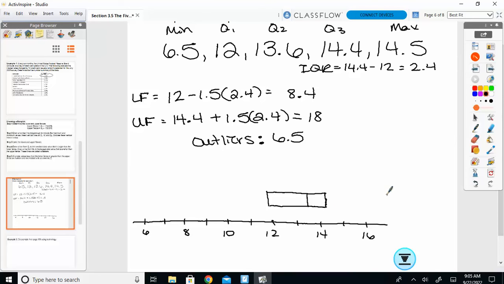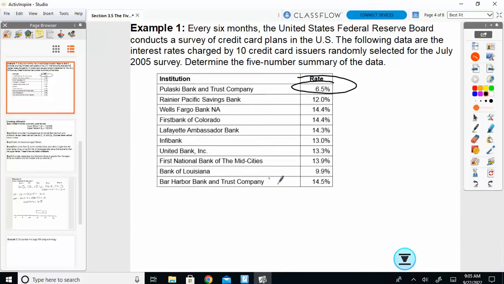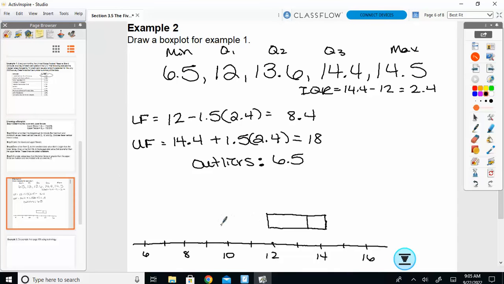The whiskers go to the maximum and minimum, but it can't include outliers. So 6.5 was my minimum, but it was an outlier. What is the lowest point that was not an outlier? So we will only go down to 9.9. Okay, what is my maximum?